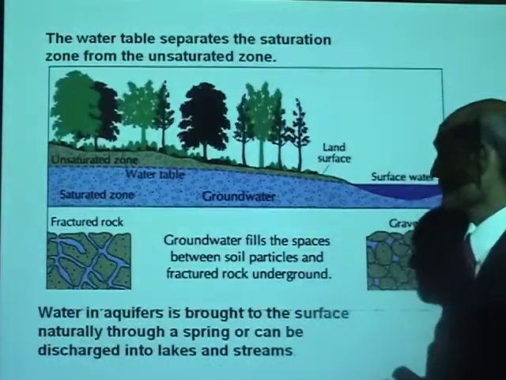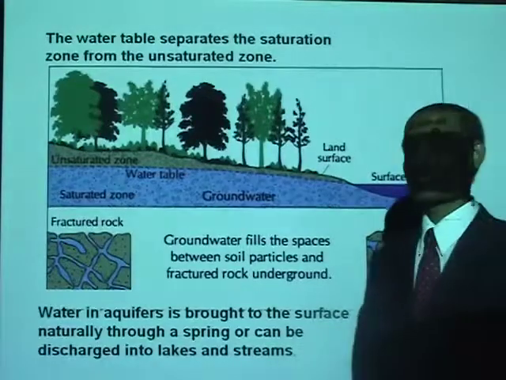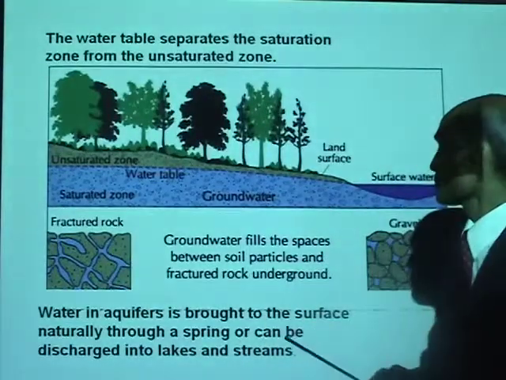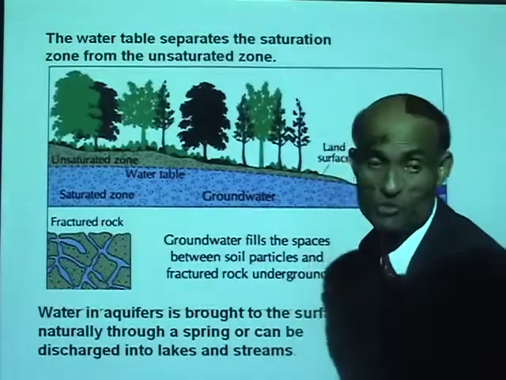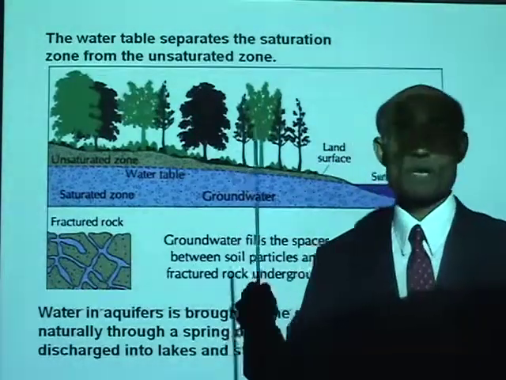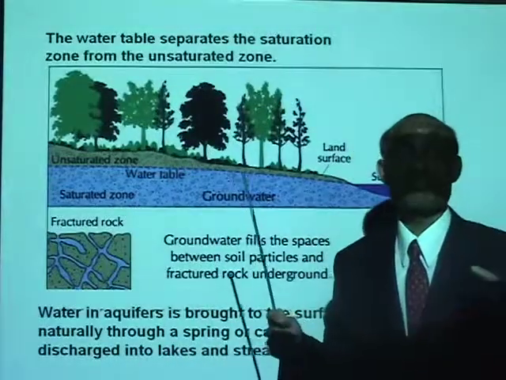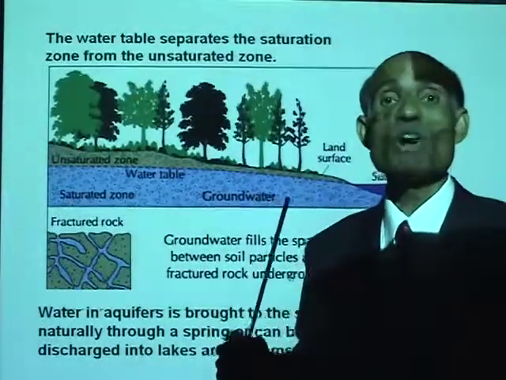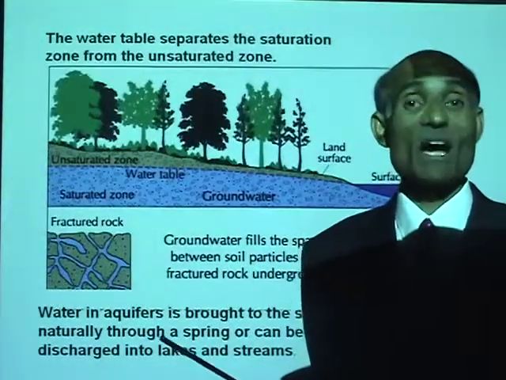confined aquifer. Now, water in aquifers is brought to the surface naturally through springs or can be discharged into lakes and streams. In fact, a lot of lakes and streams are actually fed by water that is in confined or unconfined aquifers.